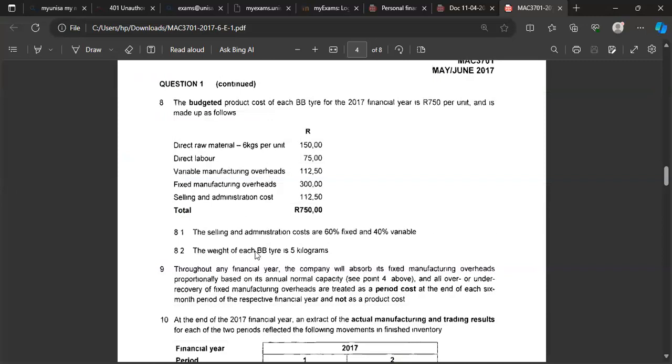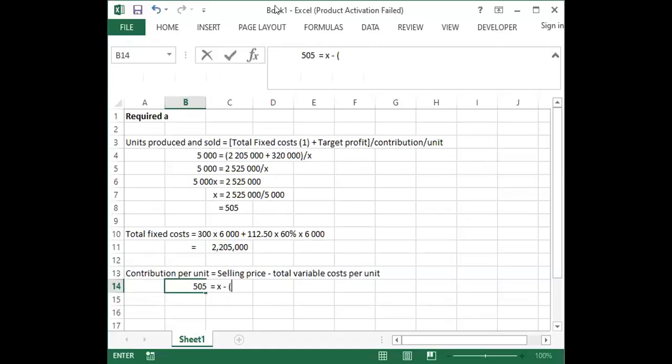Okay, so these are the costs that we want to put in. We're looking for the variable ones. So we want to take direct raw materials, direct labor, variable manufacturing overheads, then we leave that out, and then selling and distribution, we only want 40% now. I believe those are all that we need there. Let's put them down. So I'm just going to minimize the screen there so I can see them while I type.